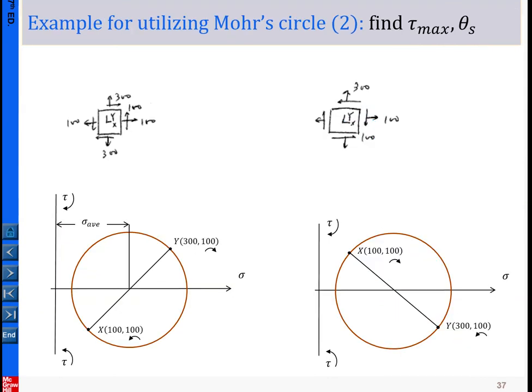And here we can also exercise to find the maximum shear stress and the orientation in which the maximum shear stress occurs. For this case, again, we start from our given state, and the maximum shear stress is here.